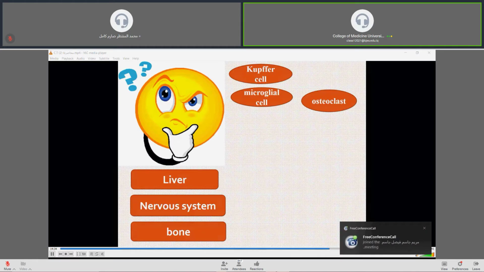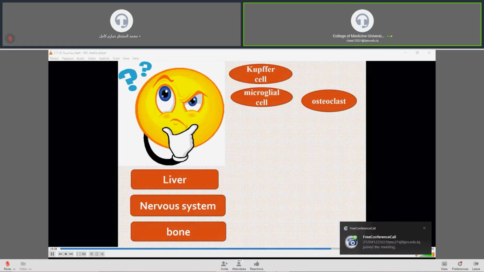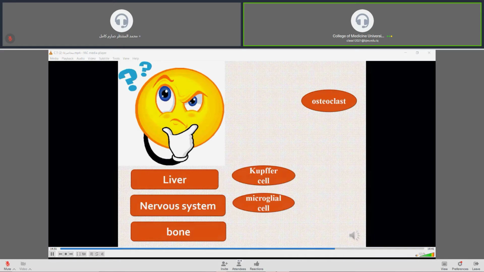In the bone, the macrophage is called osteoclast. The characteristic features of macrophages: they are rounded to spindle in shape, with cytoplasmic processes, and are capable of amoeboid movement. The nucleus is eccentric in position, small, dark, oval or kidney in shape.